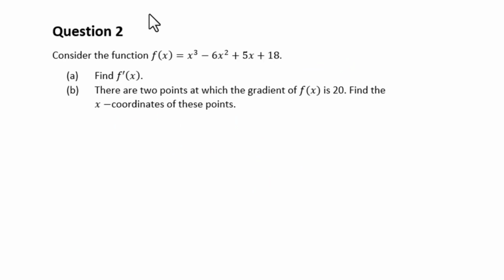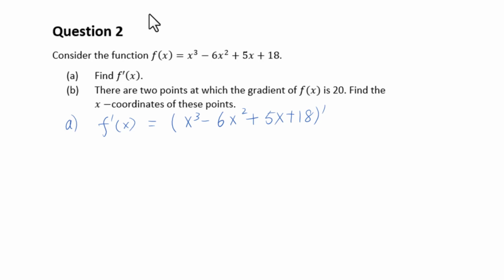Question 2. Consider the function f of x equals x to the third power minus 6x squared plus 5x plus 18. A. Find f prime of x. f prime of x equals x to the third power minus 6x squared plus 5x plus 18, prime.